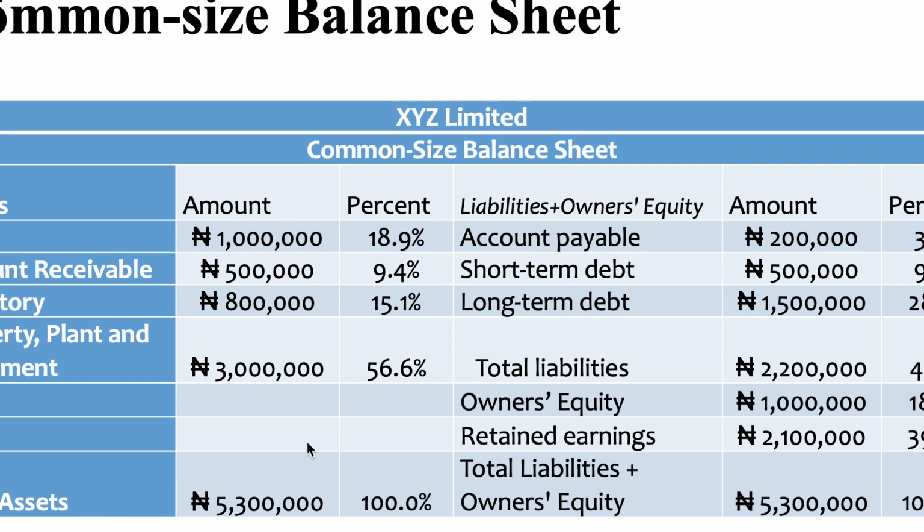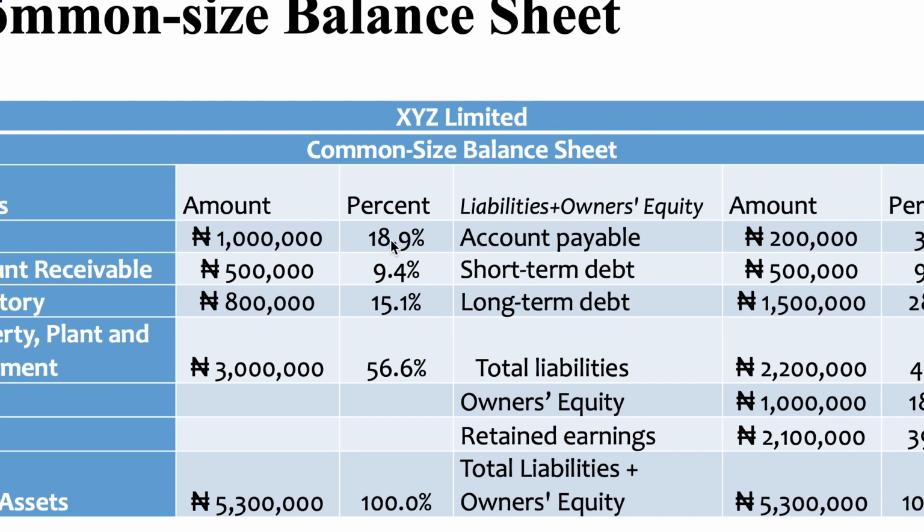If we continue to do that, we have been able to convert this balance sheet into common size balance sheet. For the liability side, we do the same thing. We take each of these items and divide it by 5.3 million. So we have the percent value.